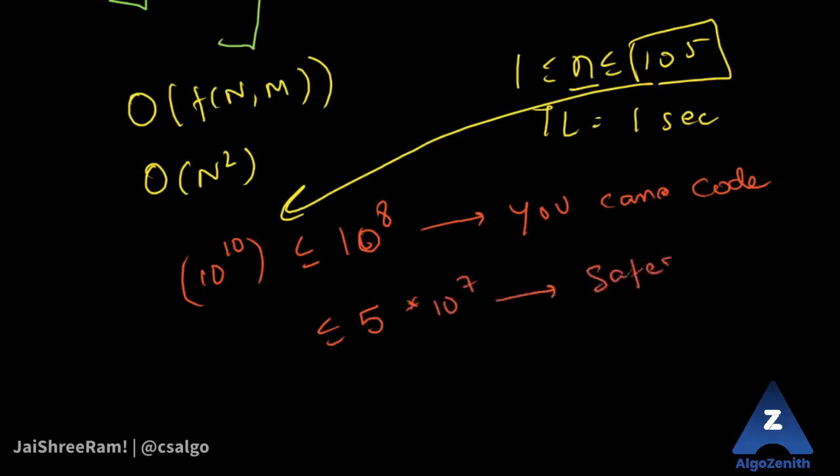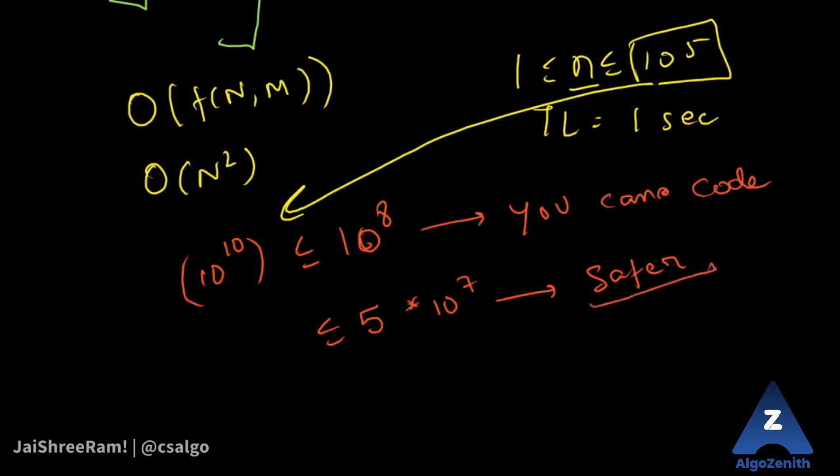If your complexity is less than or equal to this, it will certainly pass in most of the cases. And even sometimes things less than or equal to 10 to the power 8 pass. So even if you have a complexity of order 10 to the power 8, it might pass. Less than or equal to 10 to the power 7 passes for sure. Make sure that this passes.